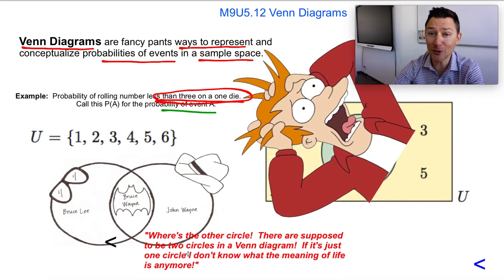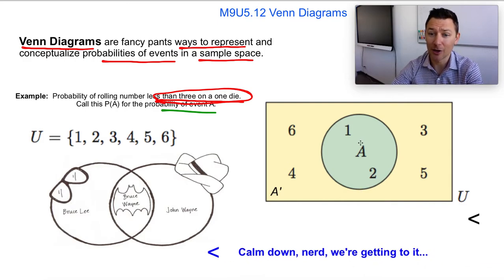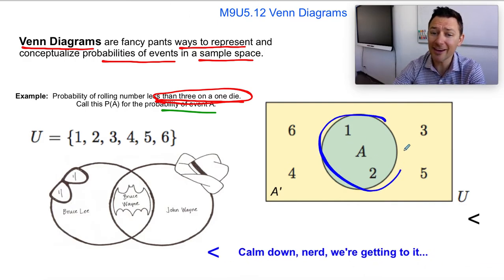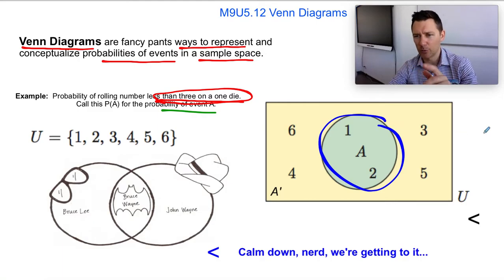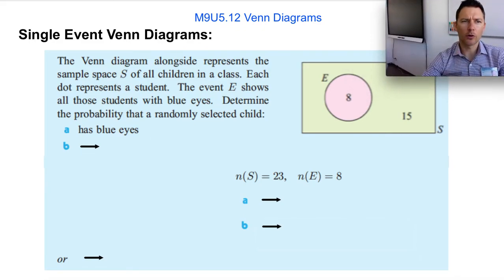There's supposed to be 2 circles. Yeah, we're getting there, right? Calm down, nerd. We're getting there. We got to start with 1 circle, still a Venn diagram. But talking about sample space, we'll eventually get to 2 circles. So hang on. Walk with me through this one.